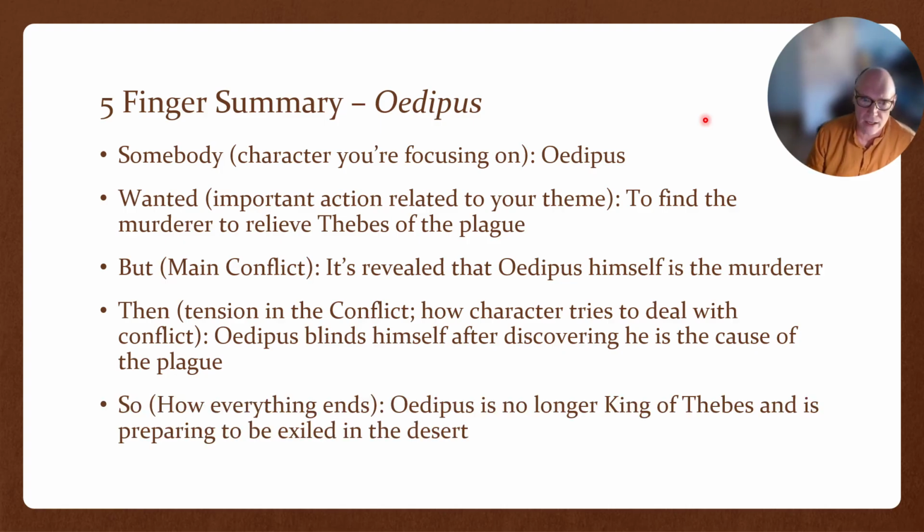And then finally, the so. Oedipus is no longer king of Thebes and is preparing to be exiled into the desert. So that would give a good synopsis of some of the basic details that the reader would need to know to understand your analysis of his search for justice.